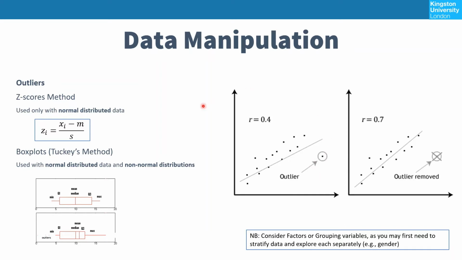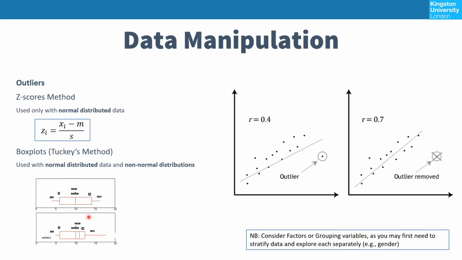The way you might do this is either by the use of Z-scores, which are standardized scores of your data that indicate if something falls way above the standard deviation of your general data, or you might want to use box plots, which provide a graphical representation of your data in terms of the quartiles, from the median to the upper and lower quartiles, minimum and maximum values, with outliers being outside of these parameters.